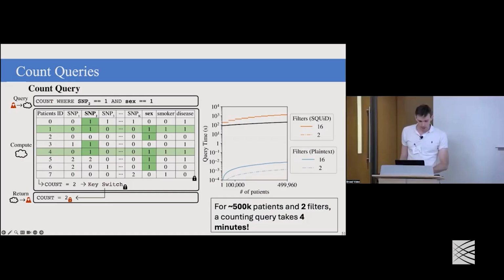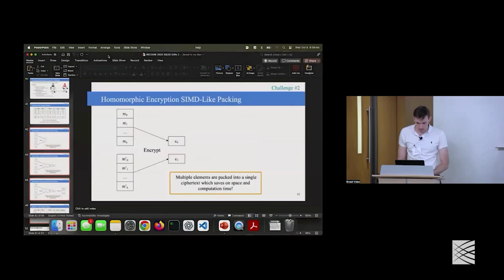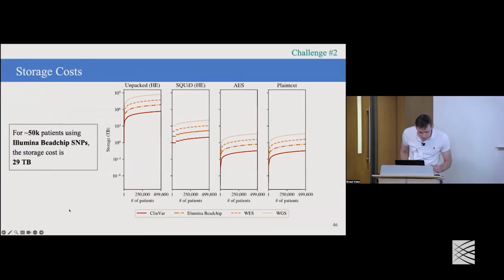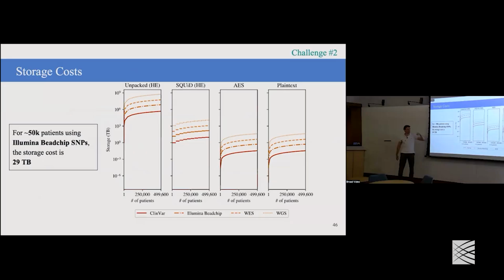Yeah. I can actually show you a different slide deck. So here we show the storage costs. This is for UK Biobank scale. When we do whole genome sequencing, it's about 1,000 terabytes to store 250,000 patients.